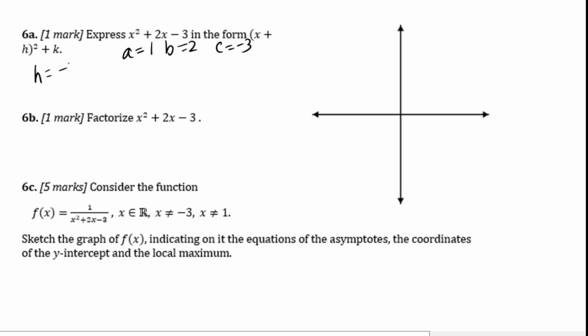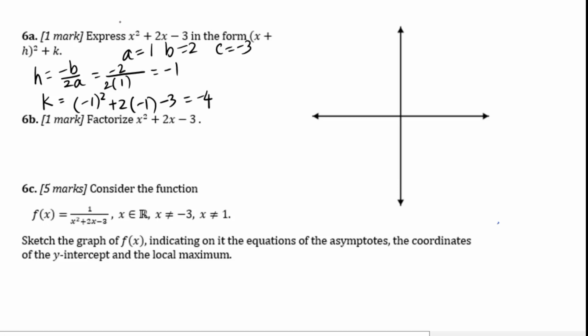So h equals negative b over 2a equals negative 2 over 2 times 1 equals negative 1. And k equals, we plug negative 1 into the function: negative 1 squared plus 2 times negative 1 minus 3 equals negative 4.